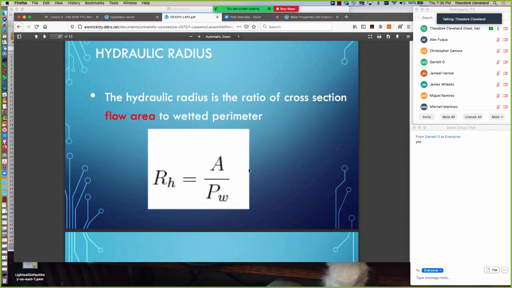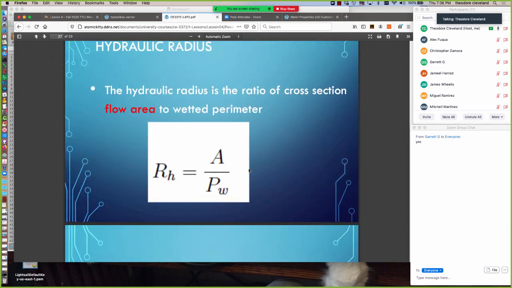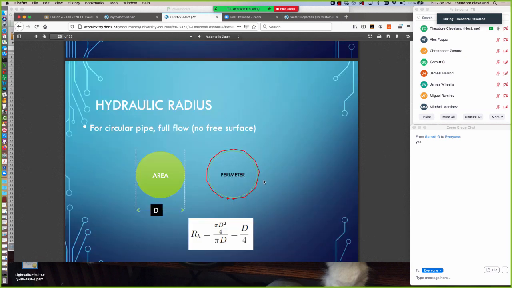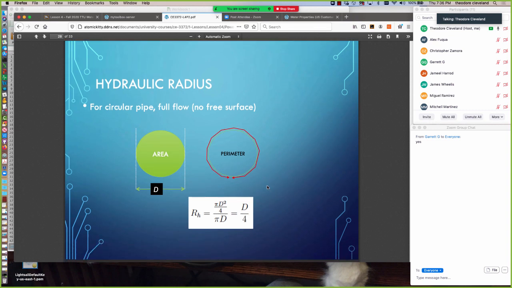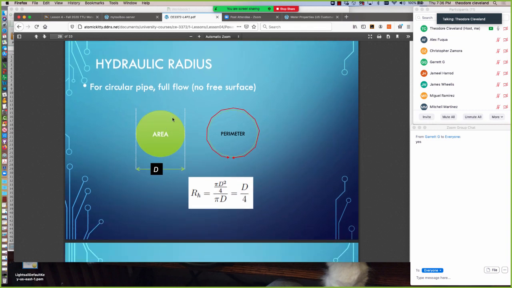The hydraulic radius, by definition, is the ratio of cross-sectional flow area to the wetted perimeter. In a circular pipe that's full, so it has no free surface, the area is this green part here, that's pi d squared over 4, and the perimeter is pi times the diameter, and that's represented by this red path here.